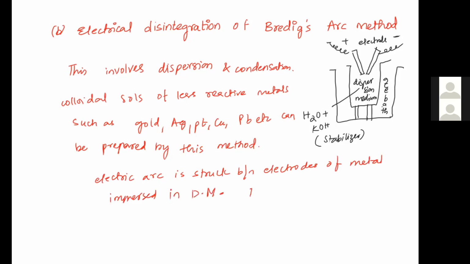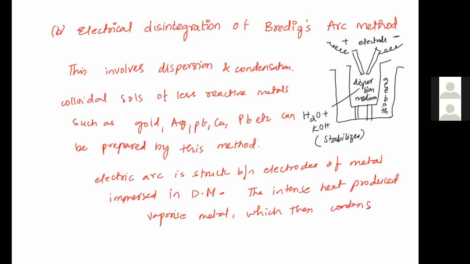The intense heat produced vaporizes the metal, which then condenses, because it has the ice at the bottom, to form particles of colloidal size.